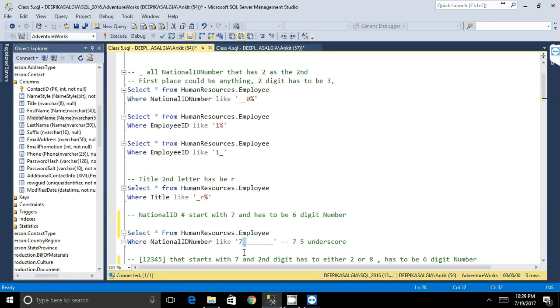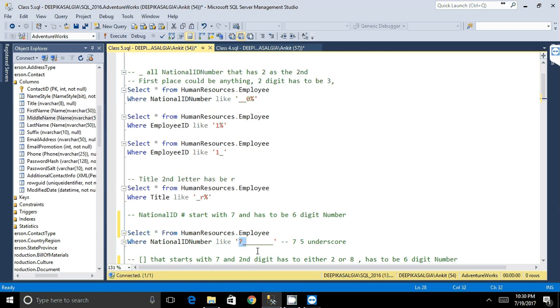Okay. All right. So if it makes sense, can you give me a national ID number that starts with 7 and the second digit has to be either 2 or 8 and has to be a 6-digit number? What would you do? The second digit has to be either 2 or 8. So it could be either 72 or 78.